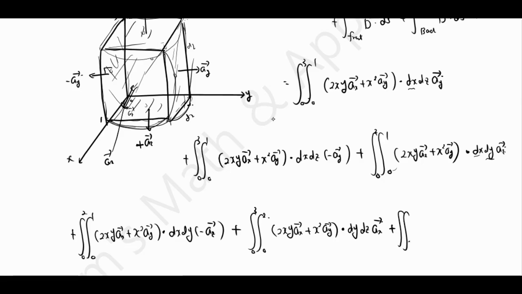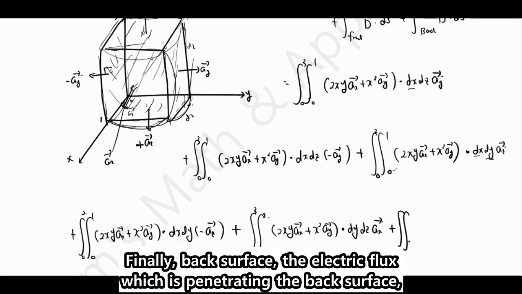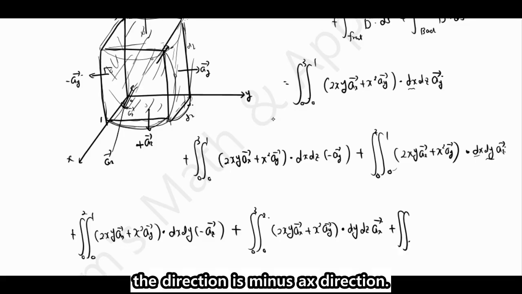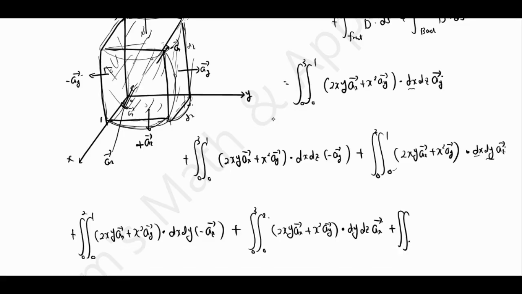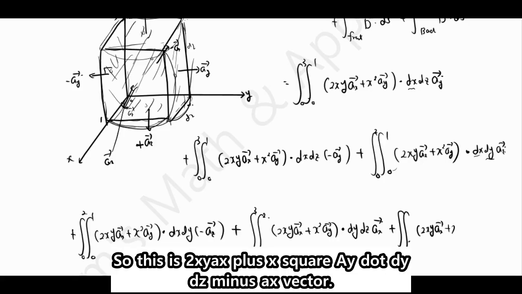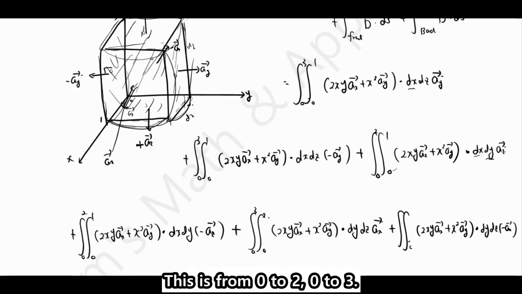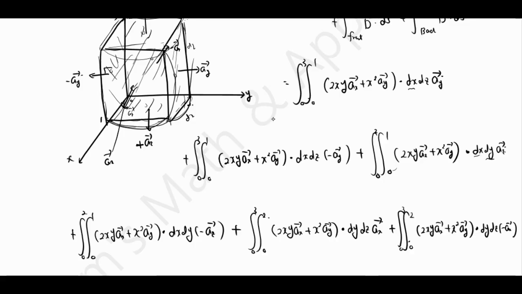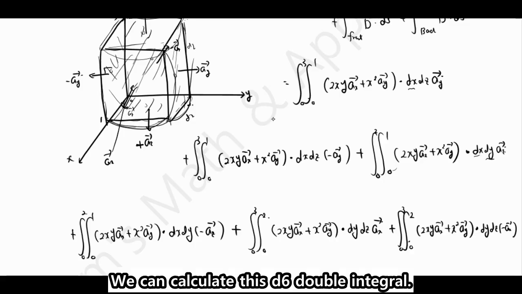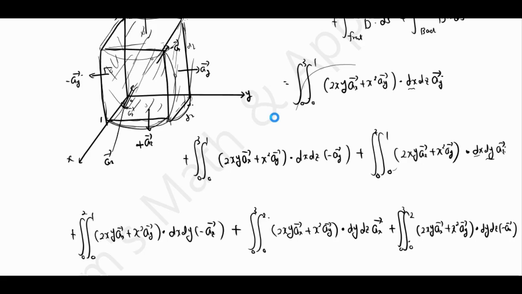Finally, the back surface. The electric flux penetrating the back surface, the direction is minus ax direction. So this is 2xy ax plus x squared ay dot dy dz minus ax vector. This is from 0 to 2, 0 to 3. We can calculate these 6 double integrals.